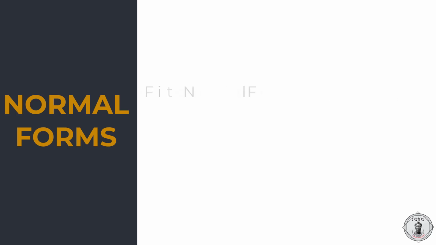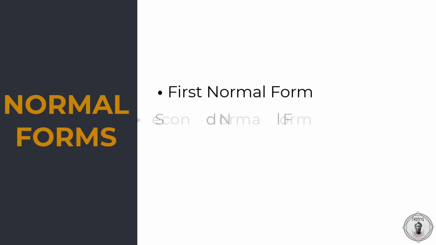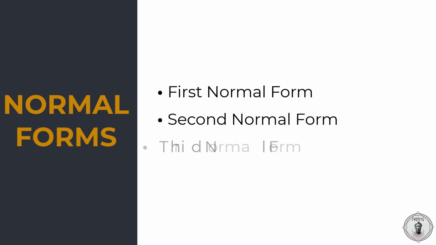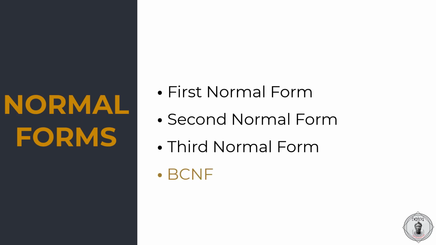So we have the first normal form, second normal form, third normal form, and maybe we'll learn about the advanced normal form called BCNF. In our coming lectures, we shall be discussing the normal forms, starting with the first normal form, and we shall be using this same example and see how we can make it conform with the first normal form.